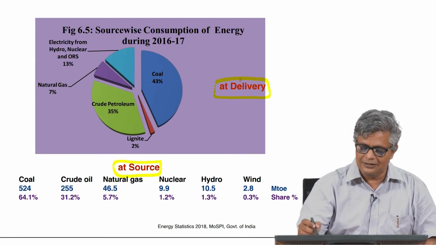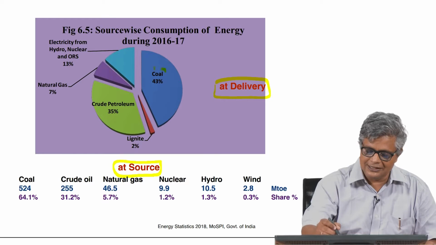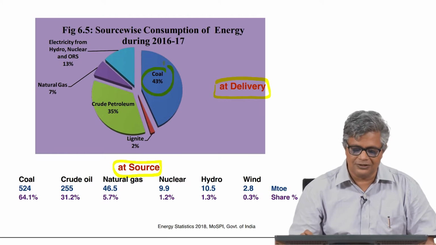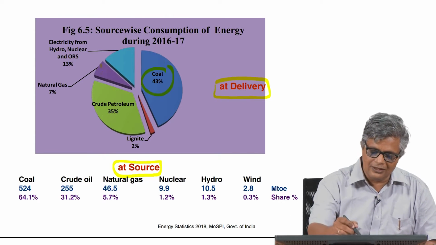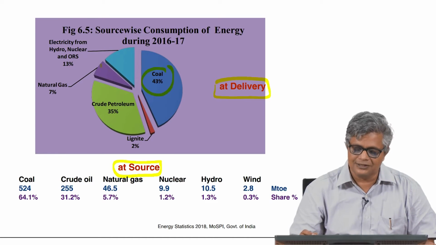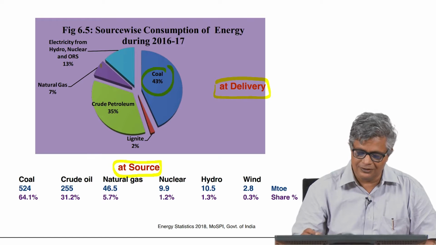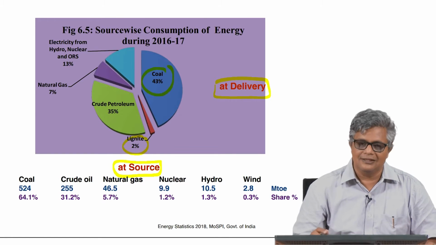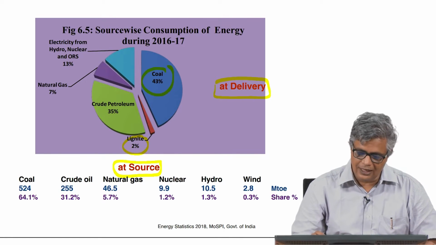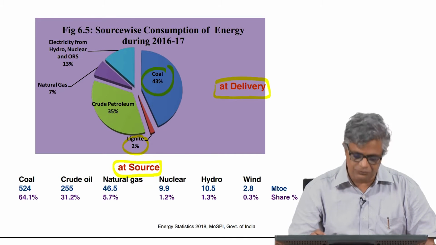And when you look at delivery, we can see that a significant amount, 43%, is coming from coal. Natural gas accounted for 7% in the year 2016-17. So, that is about 50%, and lignite is a form of coal and accounted for another 2%.